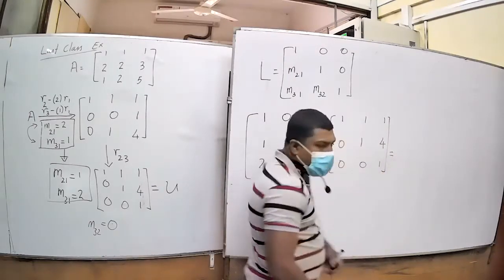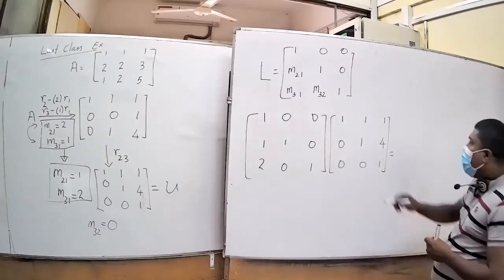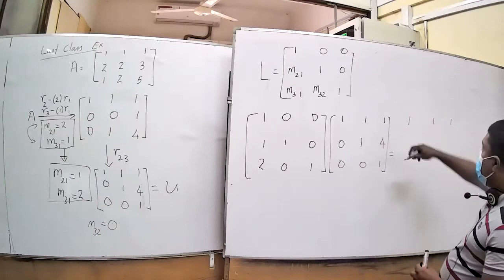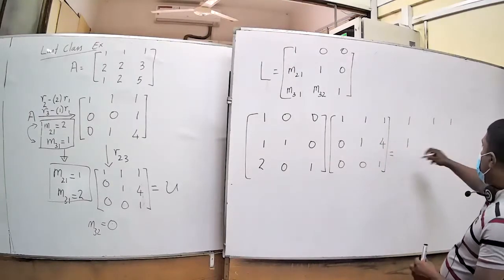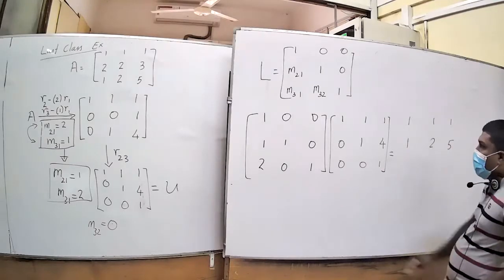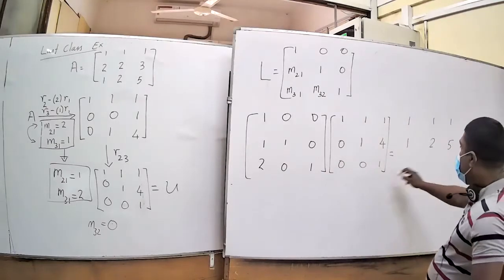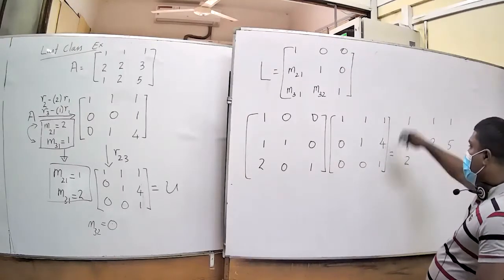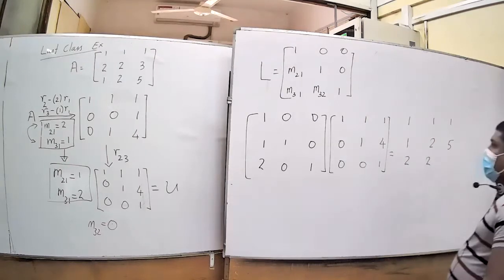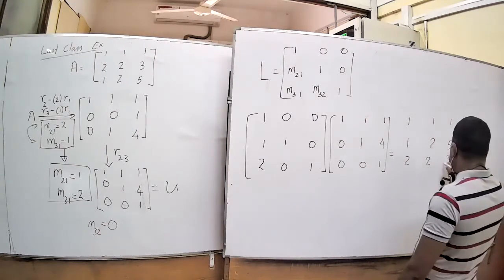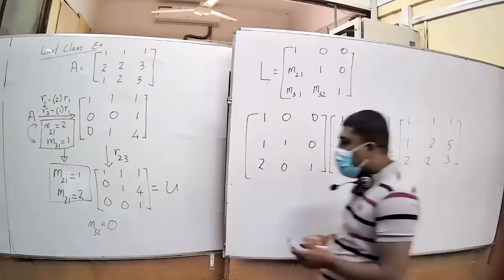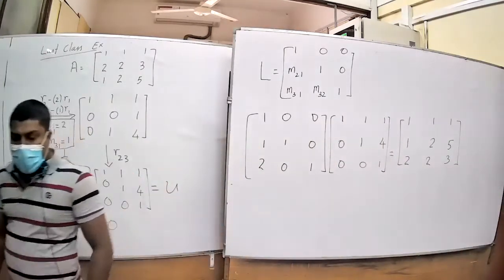So row into column is 1, 1, 1. This into this is 1, this into this is 2, this into this is 5. This into this is 2, this into this is 2, this into this is 2 plus 1 is 3. So that is this.